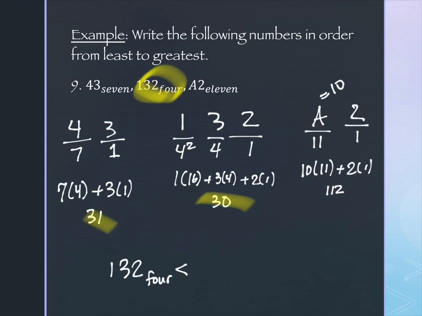And 31 is the 4, 3, base 7. So I have 4, 3, base 7 next. The largest one is the one that was 112 in base 10, otherwise known as A2 in base 11. Okay, does that make sense?